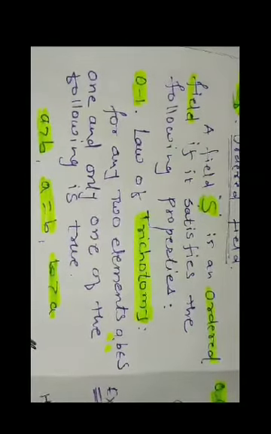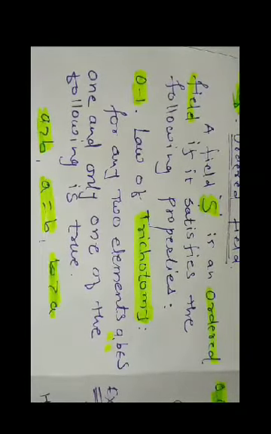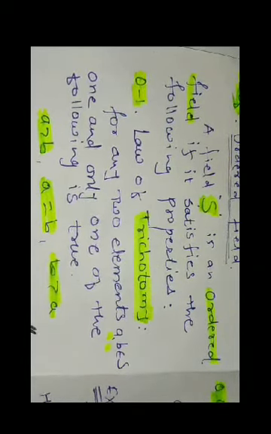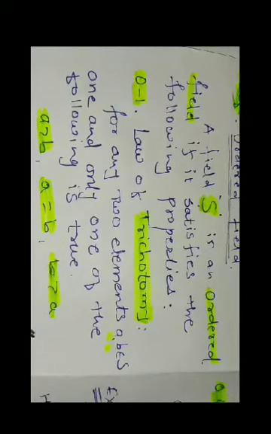Some sets satisfy all four properties but do not satisfy the property of field, and therefore such types of sets are not said to be ordered field structures.